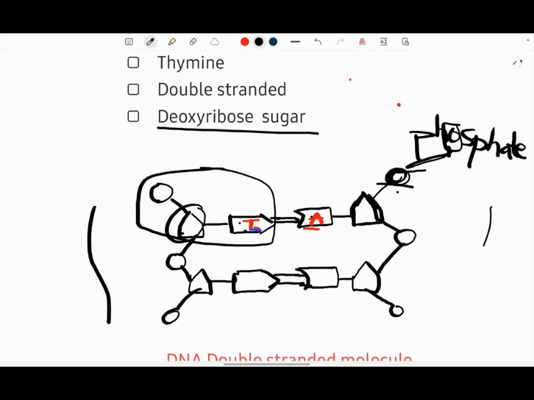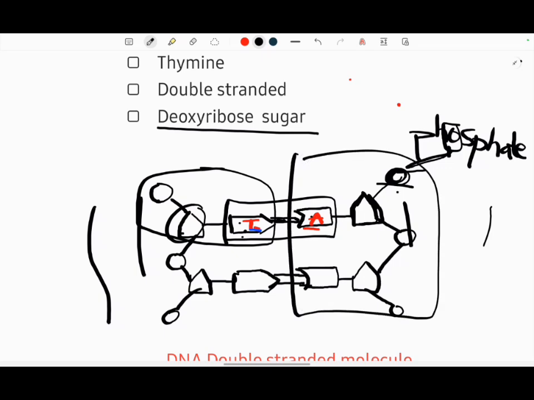So just remember the structure of this house, then you'll think about sugar in a house, okay? And then these two structures over here that pair together are nitrogenous bases. If it's double stranded like this, we will know that one is adenine and one is thymine, which is the most important one. However, if you see only one structure, we will know that it is uracil.